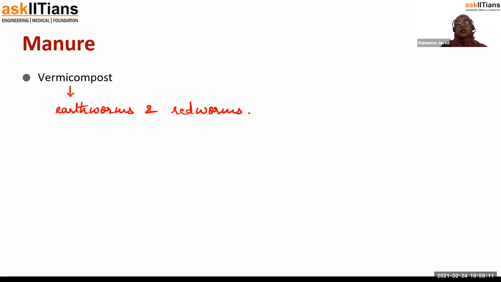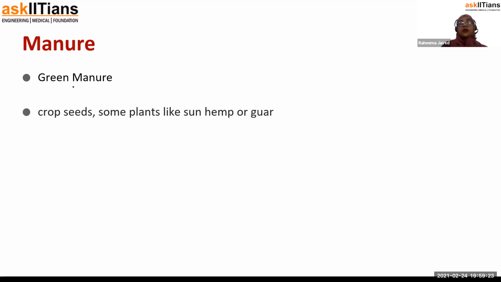Okay, so vermicompost is the same thing, but here we are just adding the worms to enhance the decomposition process of the organic waste. Let's move on to the green manure. Green manure is the production of manure with the help of crop seeds, some plants like sun hemp or guar.